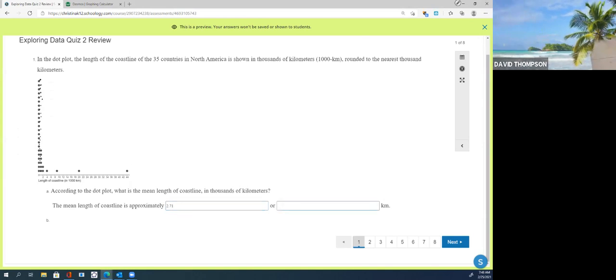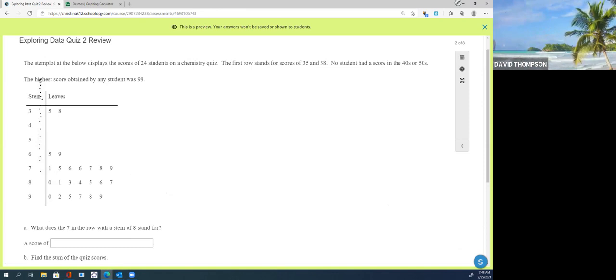Or we could type in 2,710 kilometers, because these are in thousands of kilometers, so we want to multiply our answer by 1,000. And we're done that question.